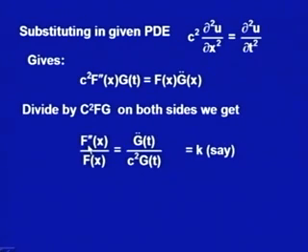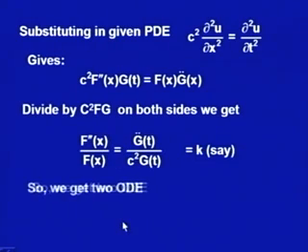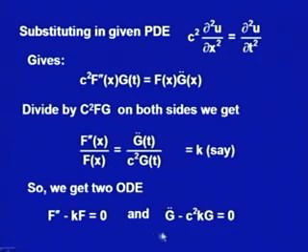Now, if I take this as k, a constant, then this equation is actually giving me two ordinary differential equations. One equation from the first one: f double dash x upon f x is equal to k, which gives me f double dash minus k f is equal to 0, and the second from here which gives me g double dot minus c square k g is equal to 0.